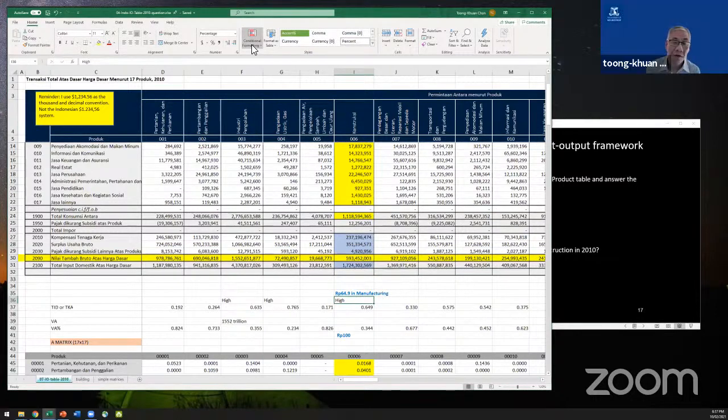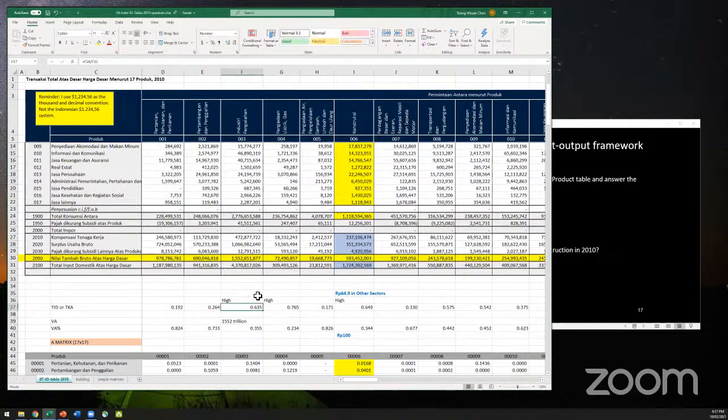So every 100 rupiah of final demand in construction will generate 64.9 in other sectors. Does that make sense? So that again explains why construction and manufacturing are two of the very important sectors of most national economies.